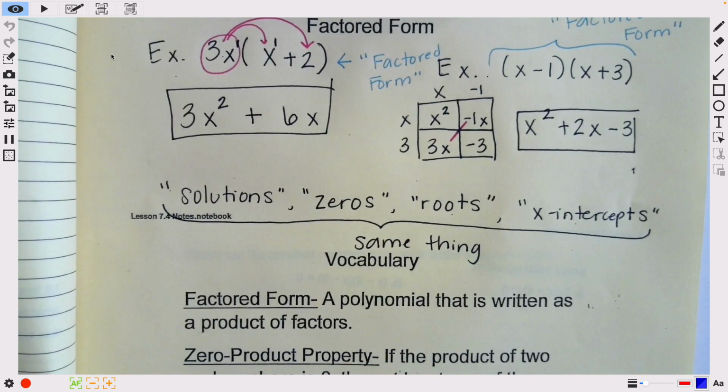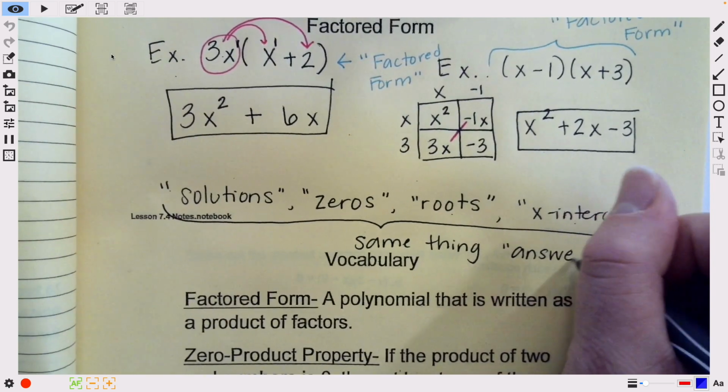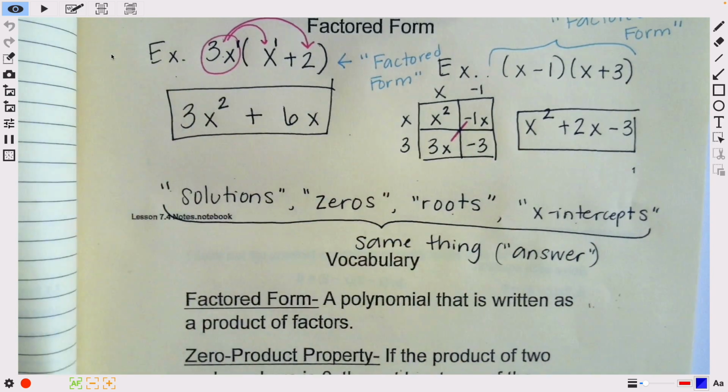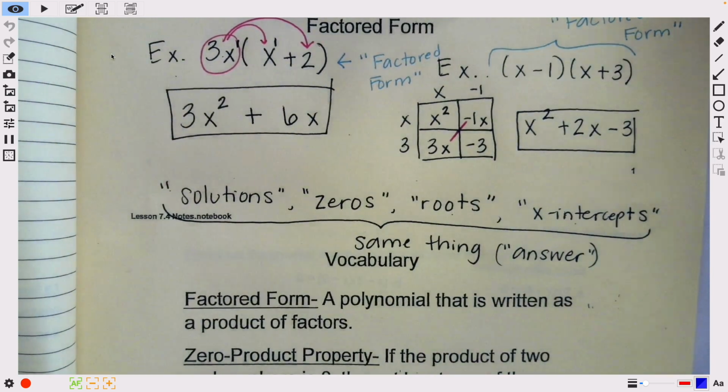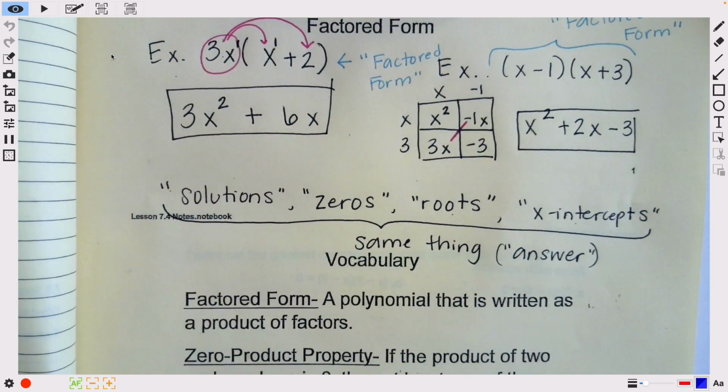And that just means find the answers, find the solutions. So people always ask what are roots? Okay, roots are just the answer. So they're all kind of the same thing. So I'm just going to write in here, it's the answer. Same with zeros.